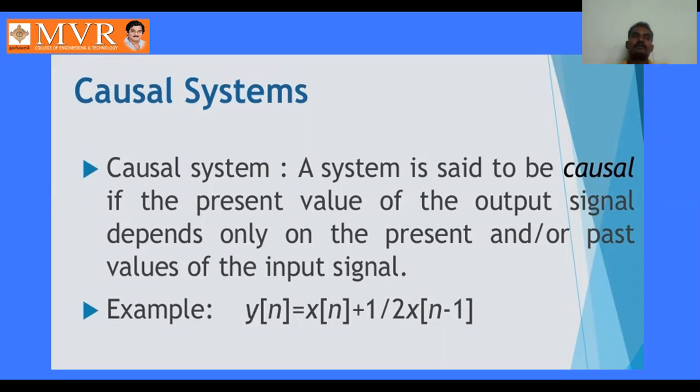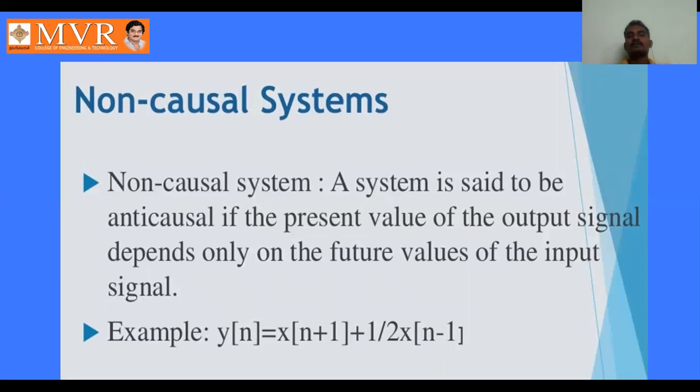It depends on the present value of x of n plus a past value, 1 by 2 into x of n minus 1. So a system is said to be causal if the present value of the output signal depends only on the present and or past values of the input signal. That is called causal system.